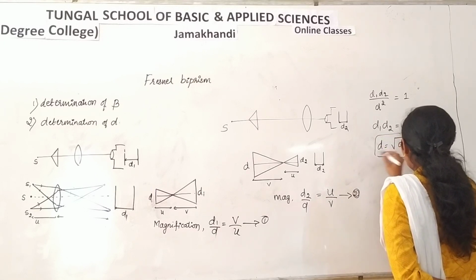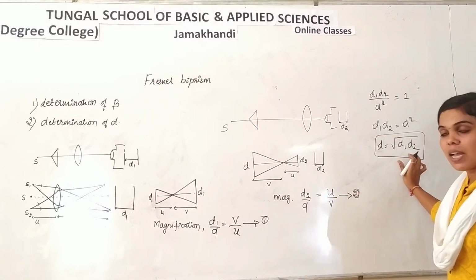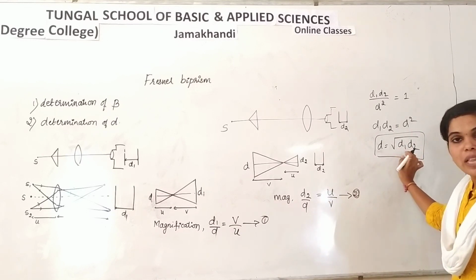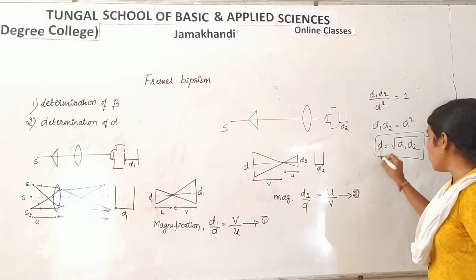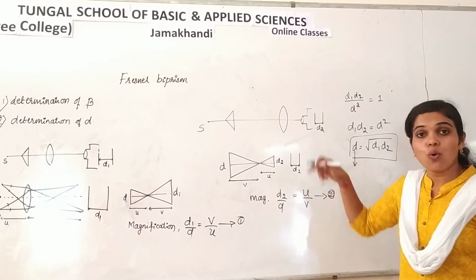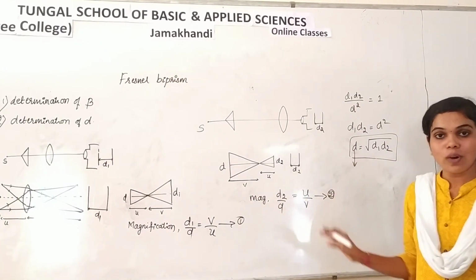Now d1 and d2, with the help of the micrometer eyepiece, we already have values for these two. If you know the values of d1 and d2, you get the value of d, that is the distance between the two coherent sources which are virtual.